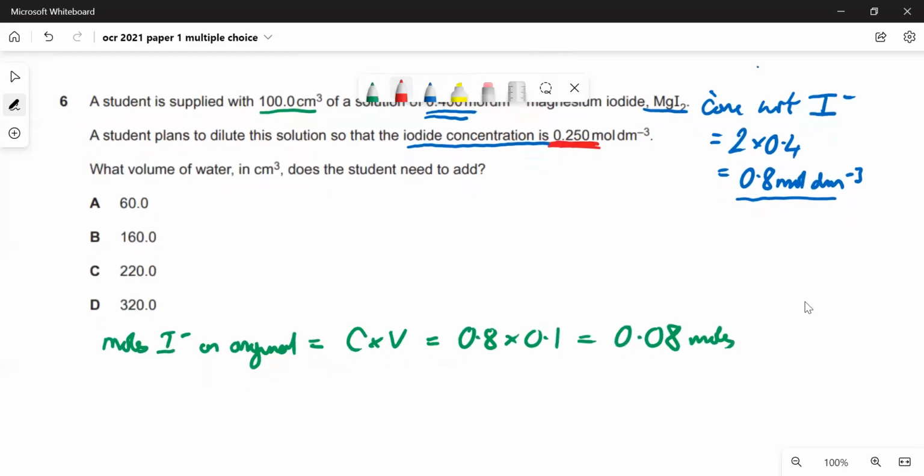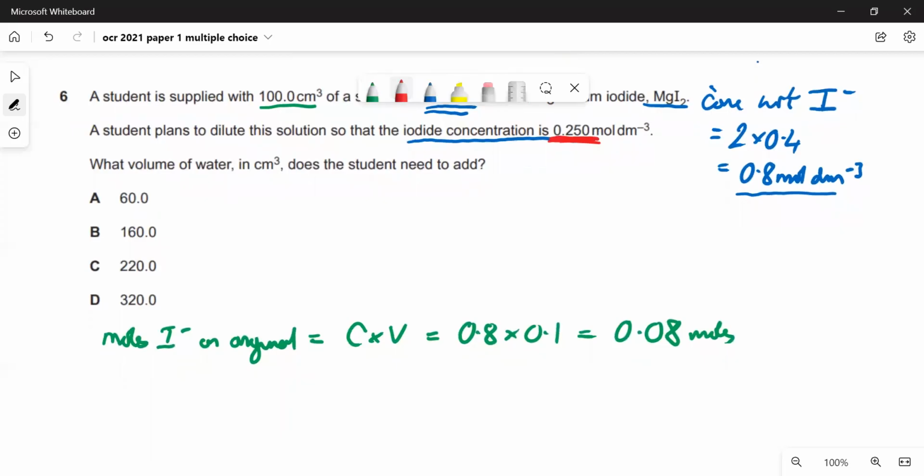Okay, so with concentration as moles over volume, we know the moles of iodide, we know the concentration, 0.25. We want to work out what total volume we need to put that into. So the volume is going to be equal to moles over the concentration.